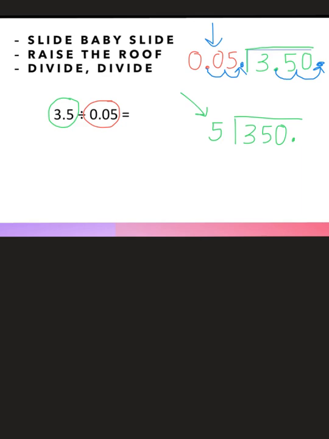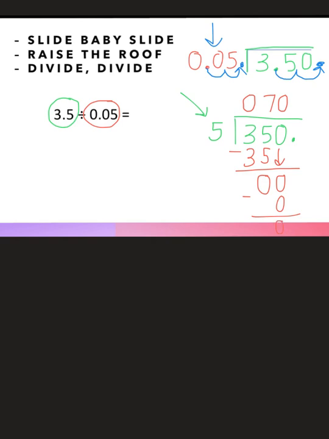So 5 goes into 3 0 times, so I'm going to put a 0 up top. 5 goes into 35 7 times, because 7 times 5 is 35 perfectly. And then bring down our 0, and 5 goes into 0 0 times. So we know we are done.